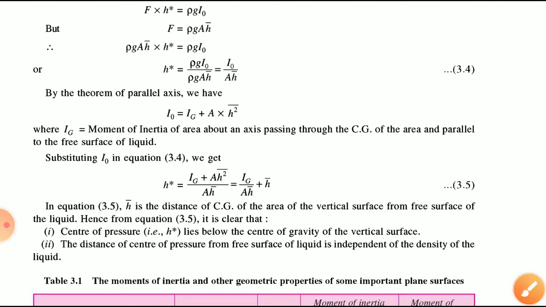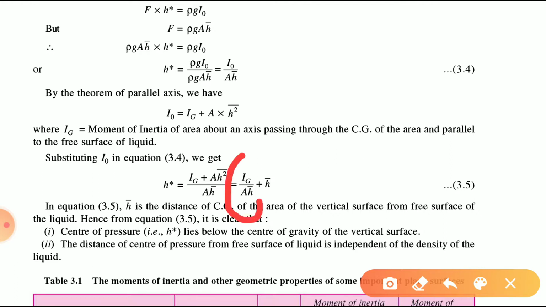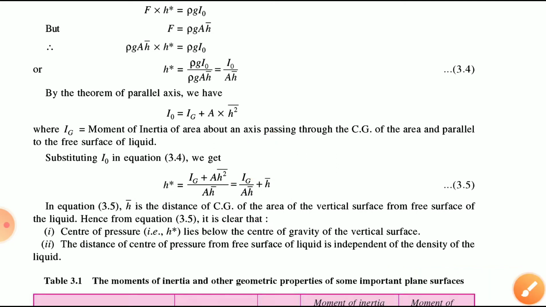Means the value of S star is greater than h bar by Ig divided by A h bar. So this is the expression for the distance between the center of pressure, or total pressure, and the free surface of the liquid.